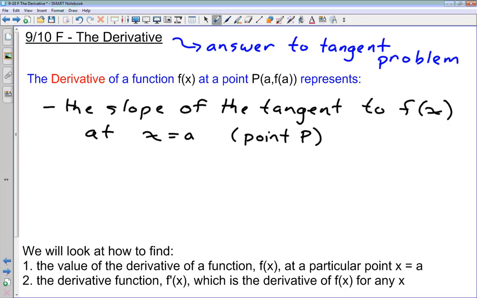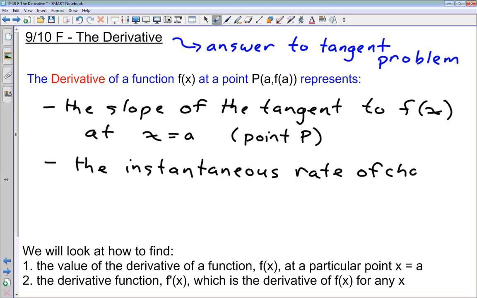And we can also represent the slope of the tangent, of course, as the instantaneous rate of change of this function, f at x, again, at this specific point, we'll just call it point P.